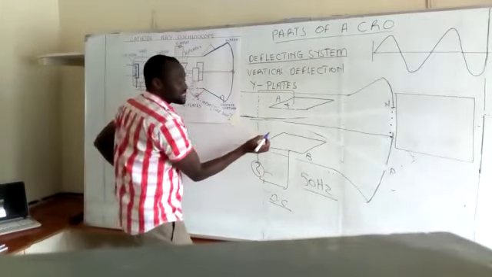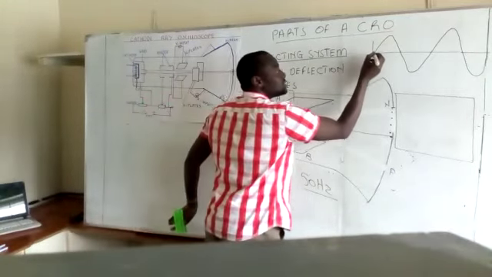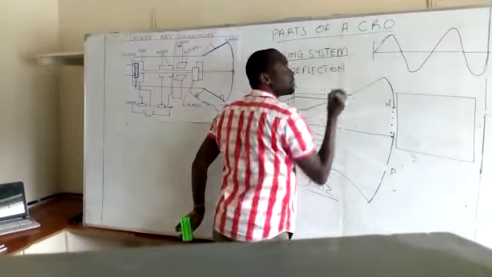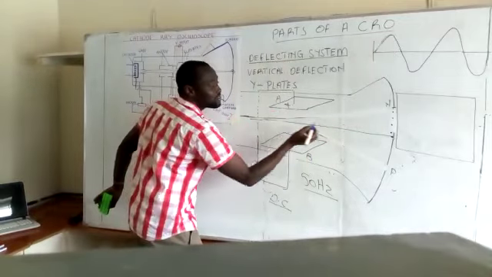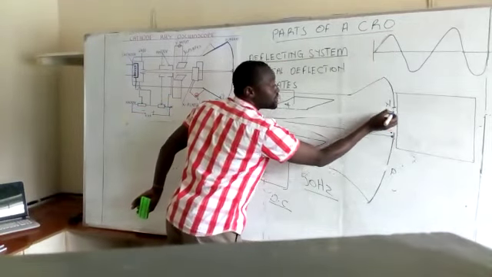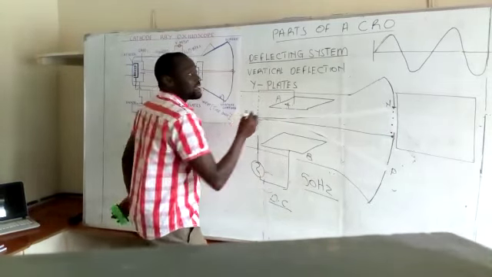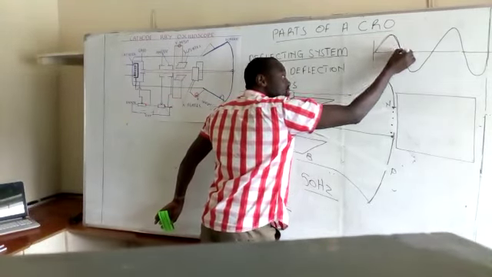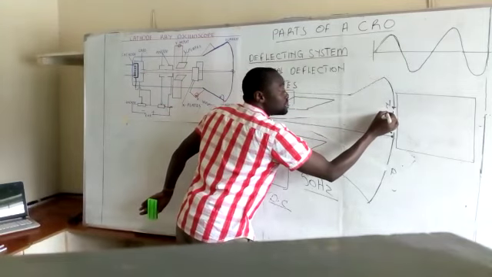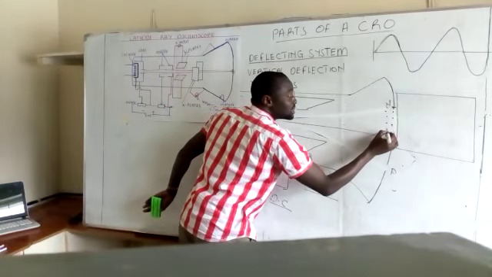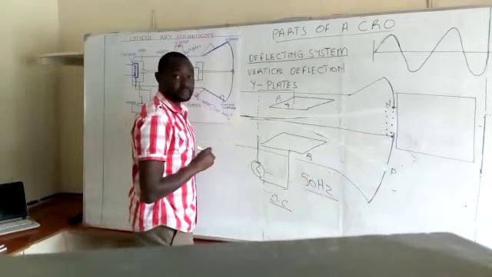As this voltage increases to maximum on this side, we'll have this dot moving from the central point to the maximum point at N. Then, as it decreases to minimum, this dot will be seen moving back slowly.